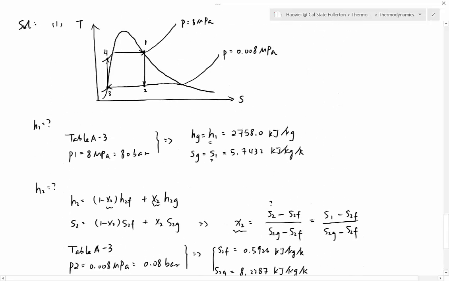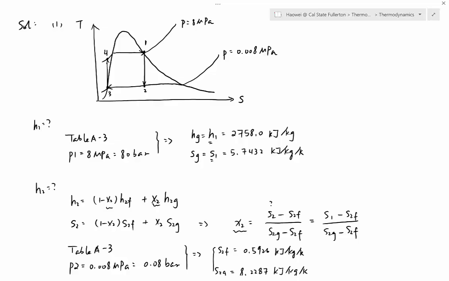The next one is to look for H3. And what is H3? We actually found H3 already. Why? Because if you take a look at the diagram, how do you look for H3? Number 3 is point F, so essentially you're looking for HF at what pressure? At 0.008 megapascal.